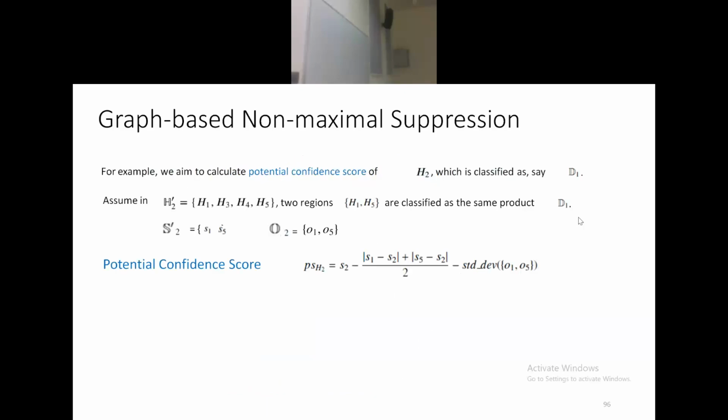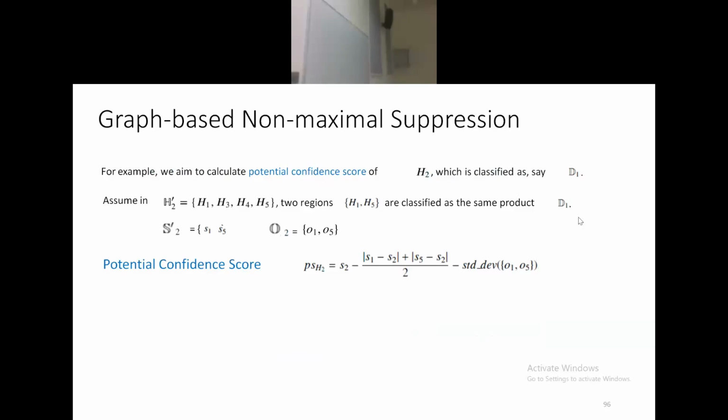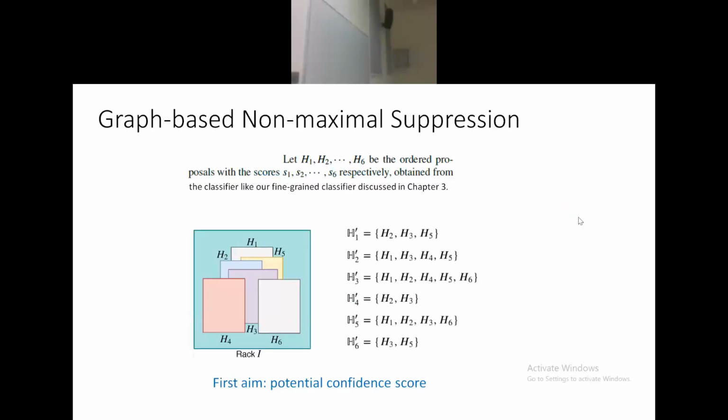Let me skip all the details. We actually modified this confidence score with certain criteria. What could be a possible criterion? If we look at the example here, if H1 and H5 overlap and they are all pointing to the same product, maybe the possibility of that product has increased.